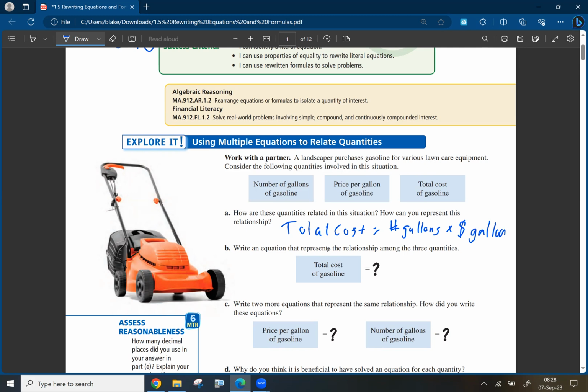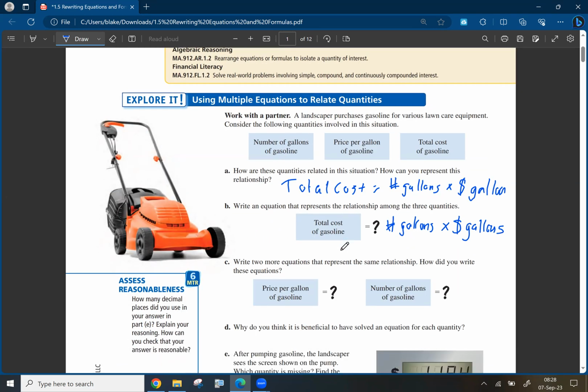And that's essentially the answer we put in B, write an equation that represents the relationship. So that is the relationship, right? The equation, of course, is the cost is equal to the number of gallons times the price per gallon, as we have so clearly mentioned. So I don't know how to really separate A and B differently.